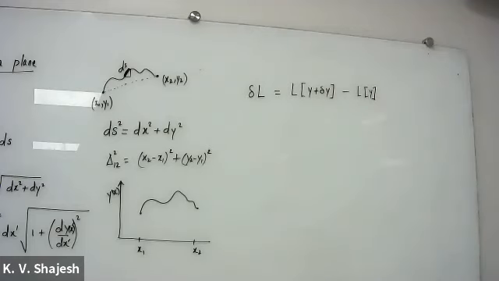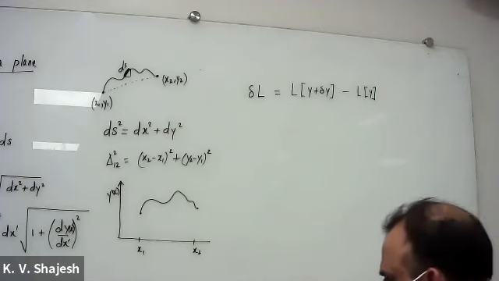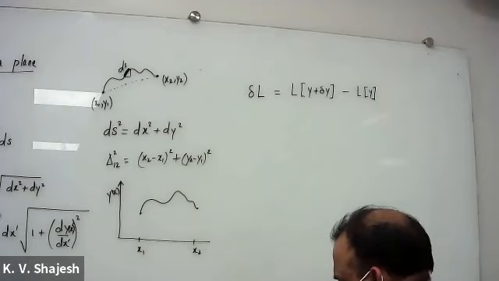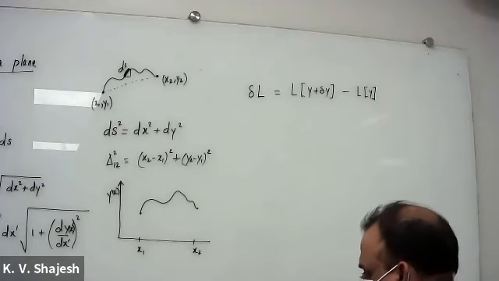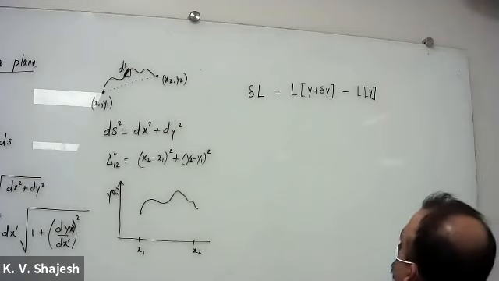This is the change in the functional because of the variation delta y, and later we will divide that out by delta y. When I subtract out, the first term actually cancels out.